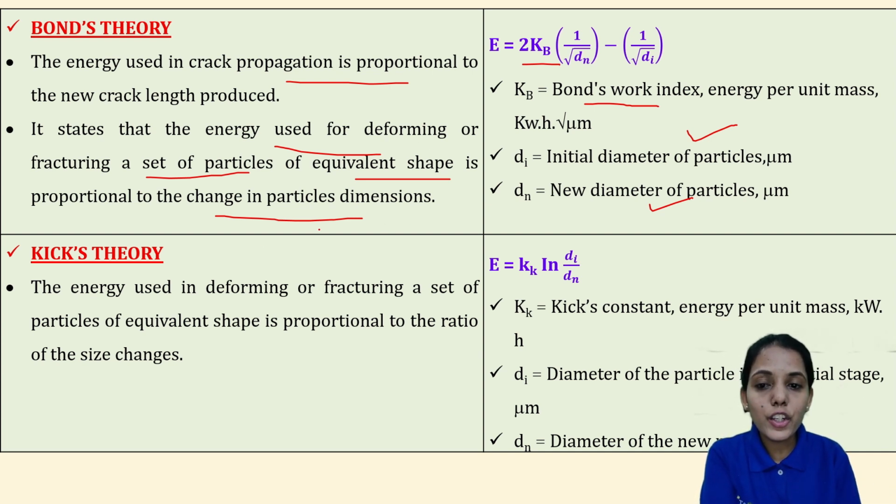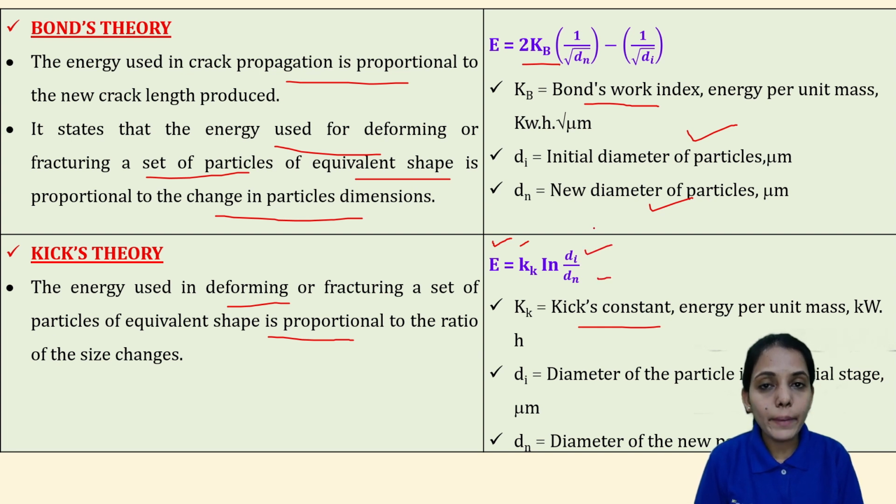Kick's theory: the energy used in deforming or fracturing a set of particles of equivalent shape is proportional to the ratio of the size changes. Initially more size, afterwards less size. Kick's theory says that energy is equal to Kick's constant into ln di divided by dn.